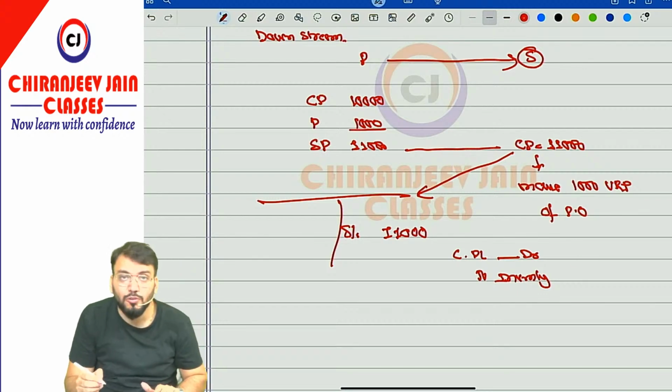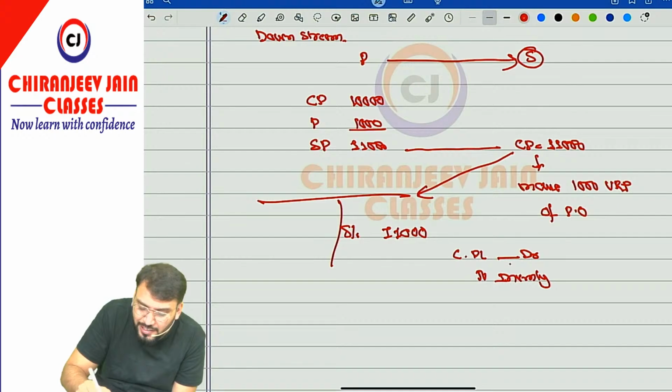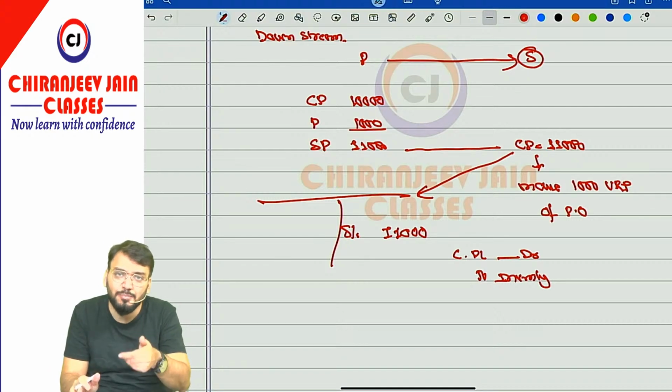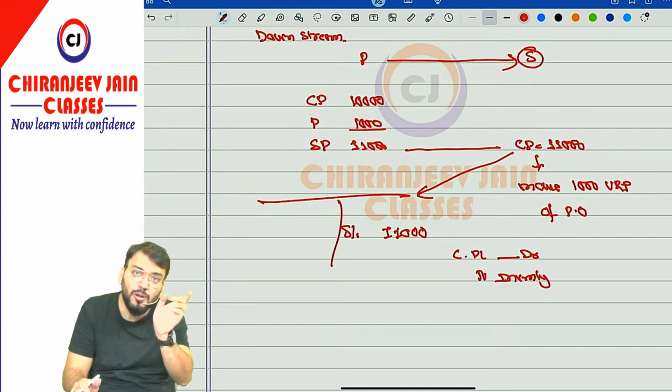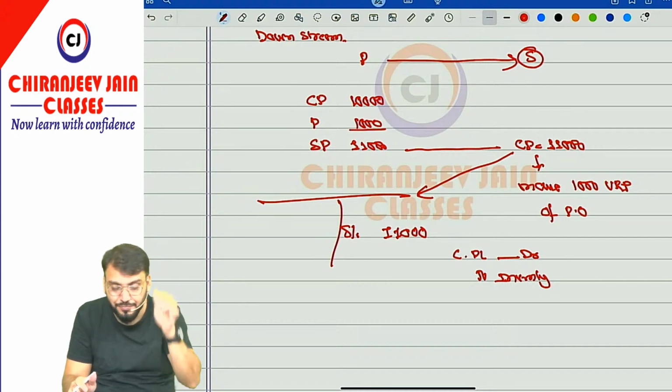This journal entry we will do: consolidated PL, or you can say retained earning account debit, to inventory. But this becomes very simple. It means the entire unrealized profit will be cancelled from stock, and that profit will be reduced from the consolidated PL account in the balance sheet.